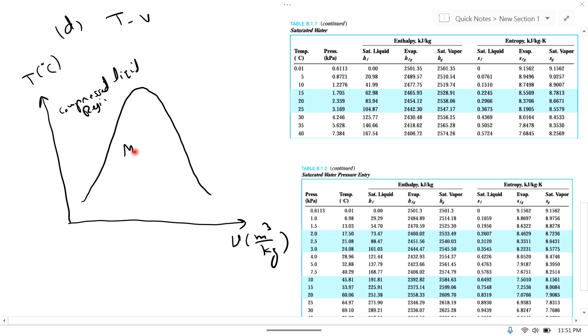This region is the compressed liquid region. This region is the mixed region, liquid plus vapor, and this region is superheated.